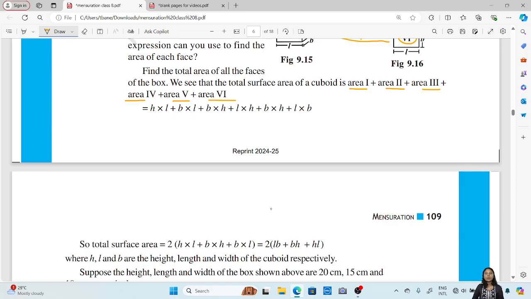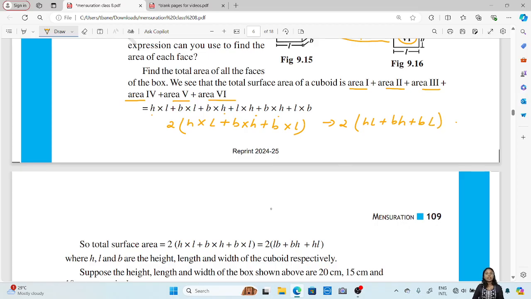So you have 1, 2, 3 and 4 heights, all of them are 4, so I can say 2 height into length, plus breadth into height, plus breadth into length.